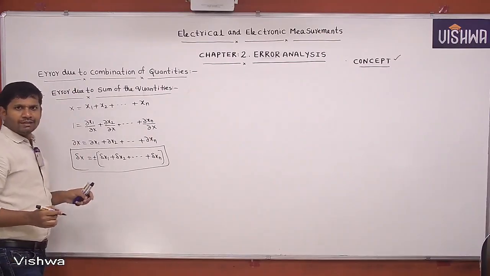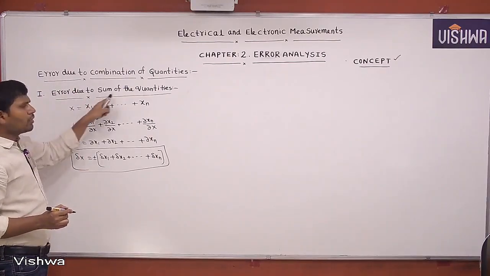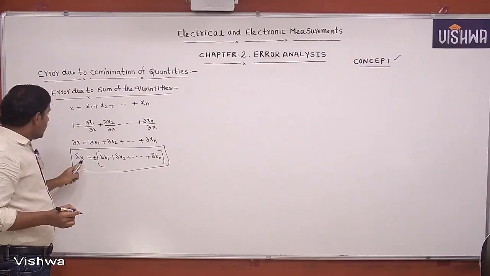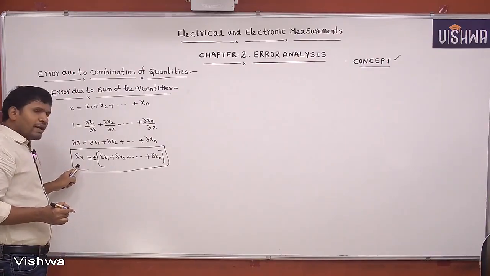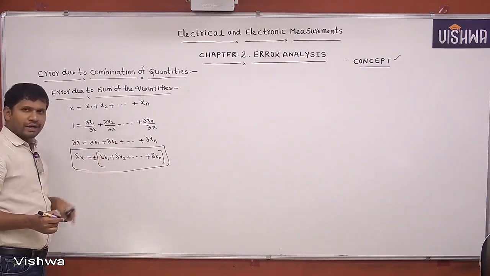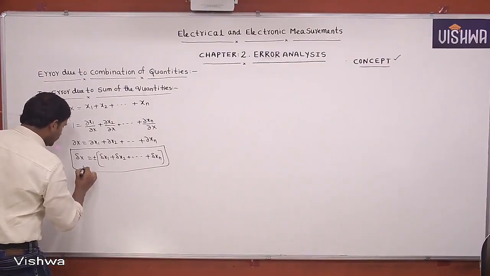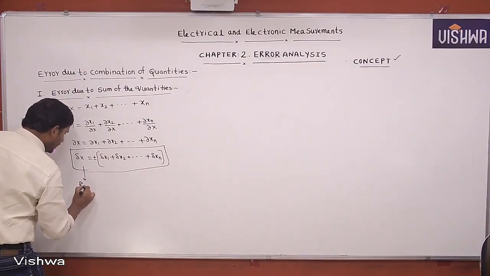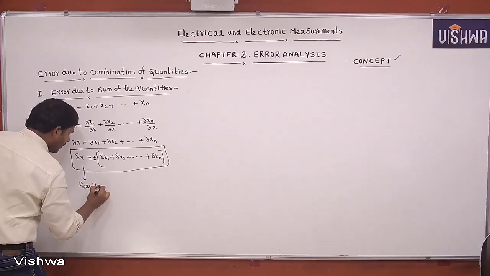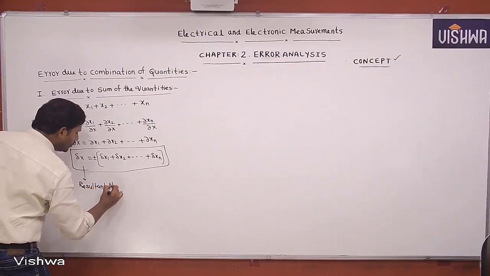That means in the sum of quantities, the resultant absolute error equals the sum of the individual absolute errors.